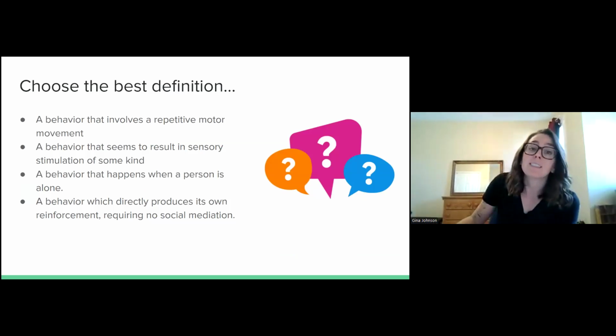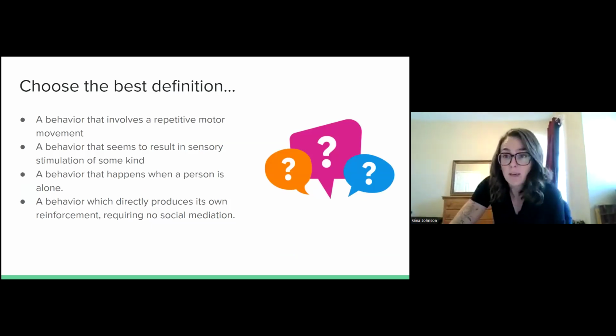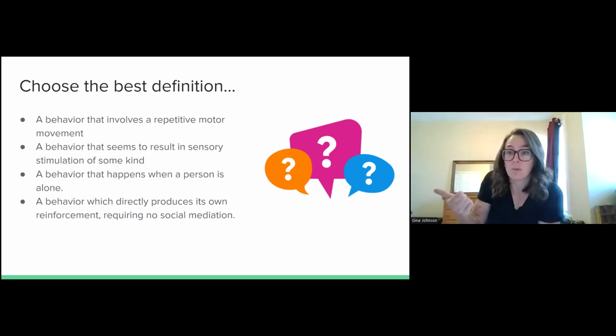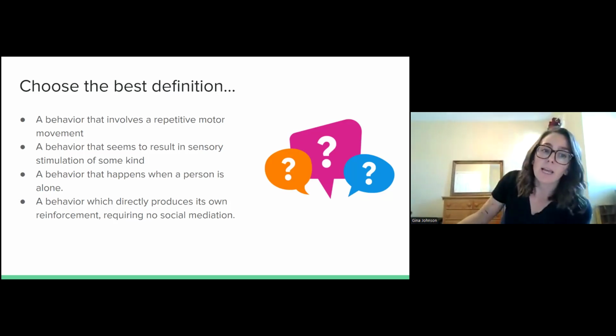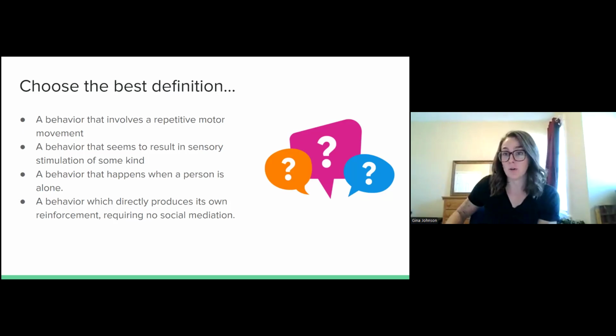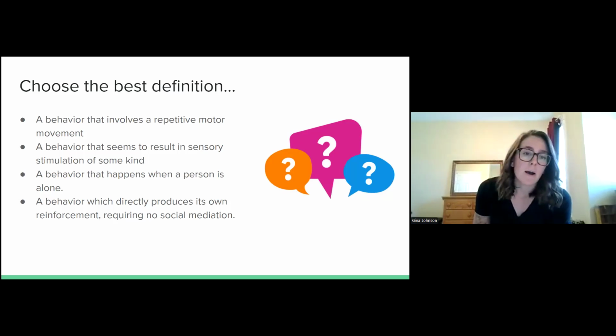A behavior that seems to result in sensory stimulation, sure, this could be, but we can't observe that sensory stimulation. So if that seems to be the case, we would have to do further analysis. And a behavior that happens when a person is alone, again, maybe. This is going to lead us into the next part of this definition, but again, it might not necessarily be the case. So we don't know for sure.